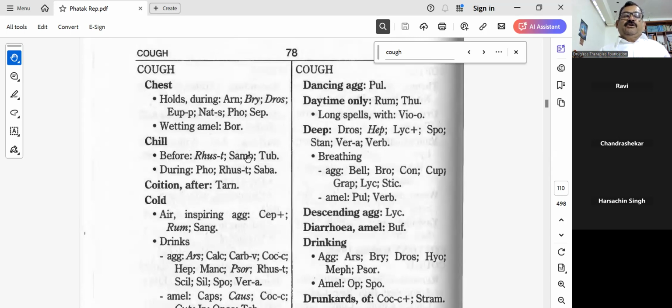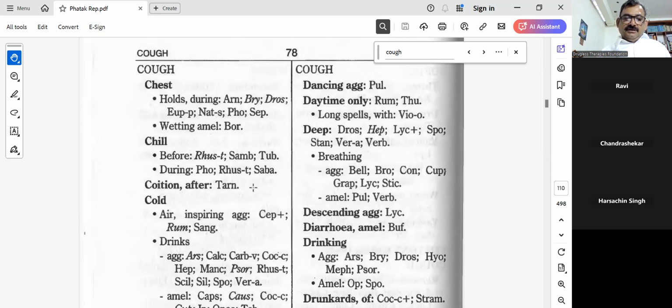That means you should think about tuberculinum, sambucus, and rhus tox. Okay. And you see, chill during: whenever I am getting cold and shivering, that time only I get a cough. And the sooner I get relief from the chill, I am all right. Like that, if they tell, you have to go one by one.